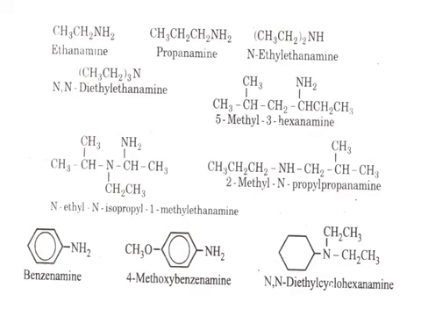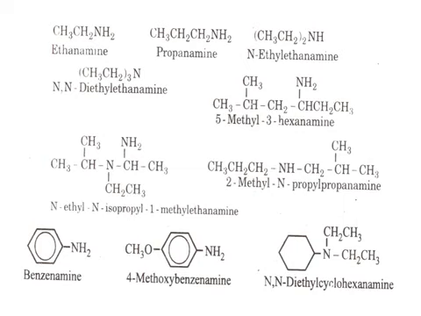But if we start numbering from the right hand side, then the amino group will attain position number 3, and the methyl group will obtain position number 5. So it means the numbering will start from the right hand side. Initially we shall write the functional group position, that is 3, and the substituent, that is 5-methyl, so 5-methyl-3-hexaamine.